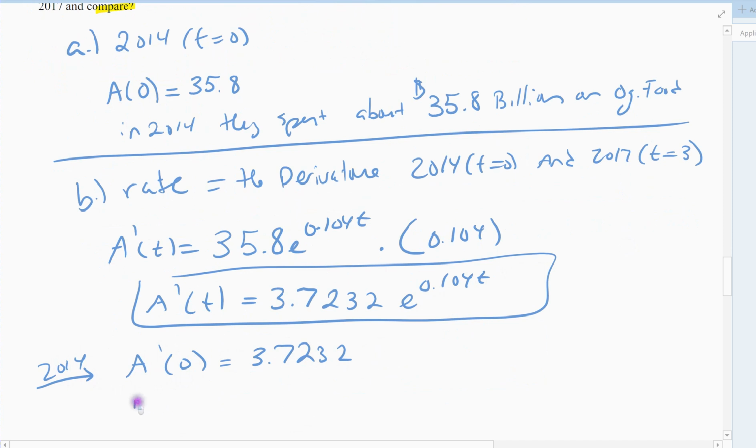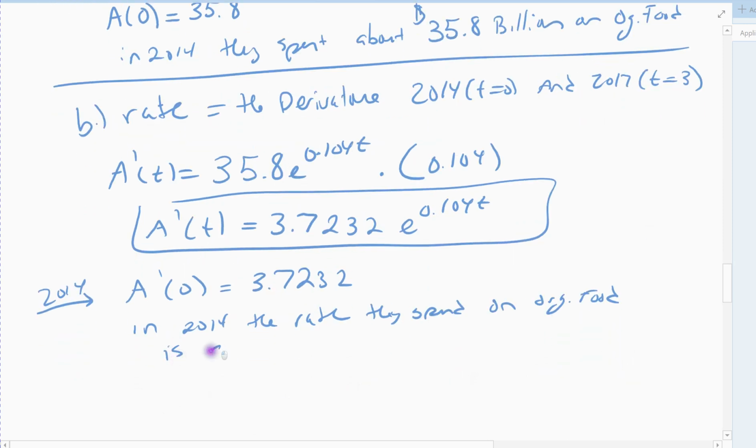And so in 2014, the rate they spend on organic food is growing, because it's positive, by about, since I'm going to round, $3.7 million per year.